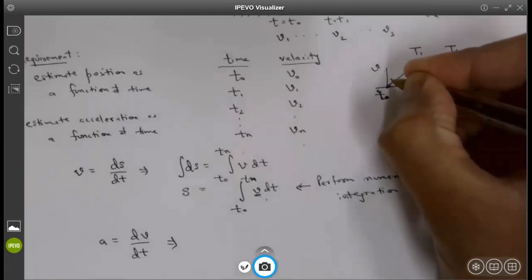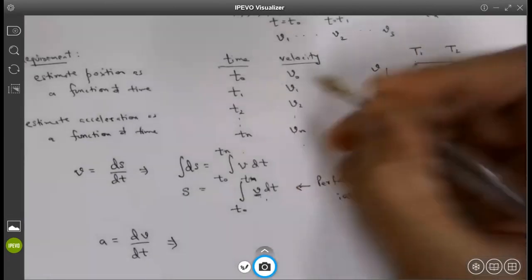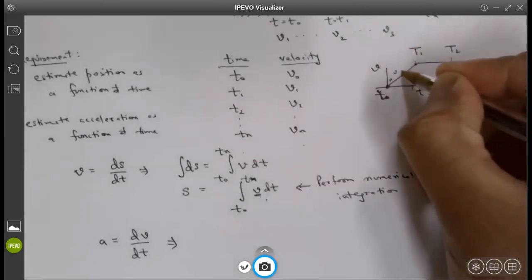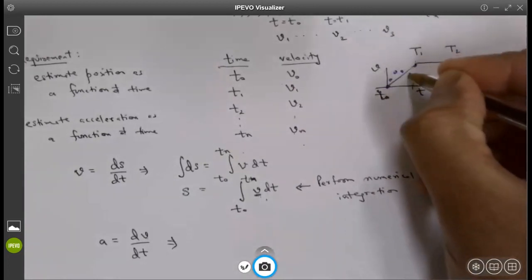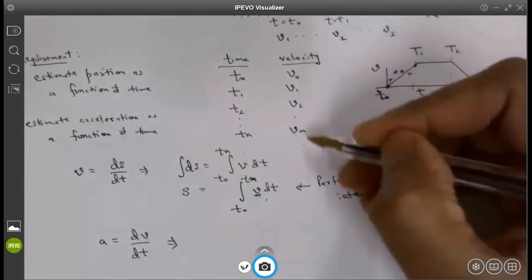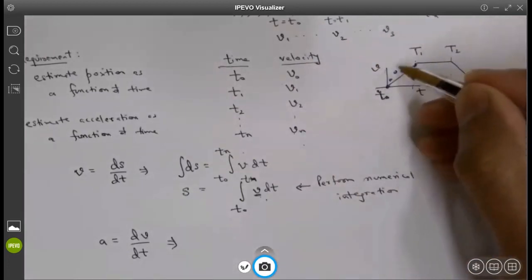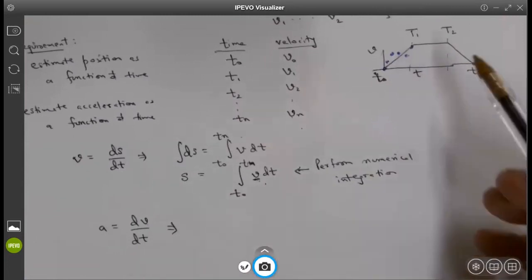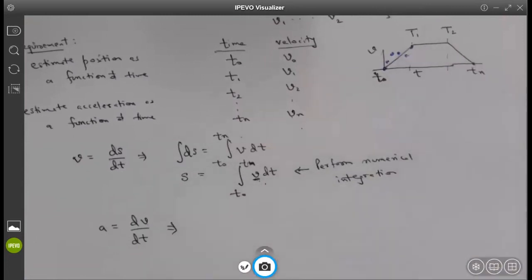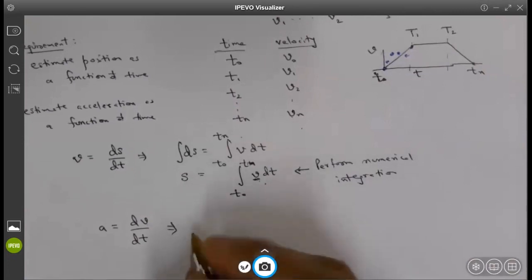At time t equals 0, it is here, and then v1 is here, v2 is here, v3 is here, v4 is here. These are data points that you gather from measurements. With these data points, how can I measure the acceleration? Then we have to perform what we call numerical differentiation.